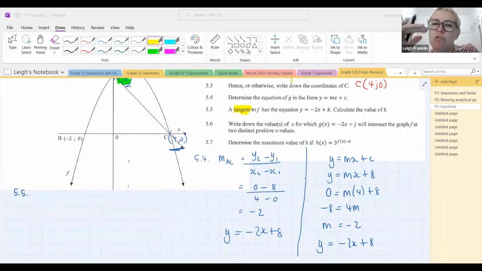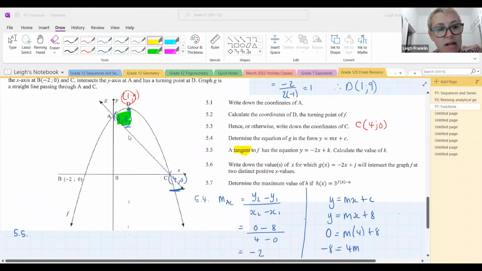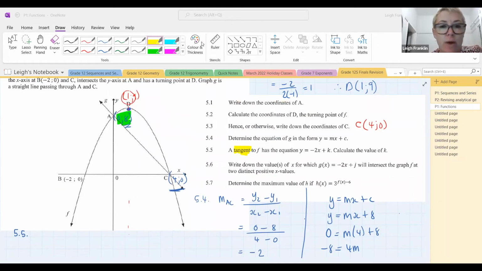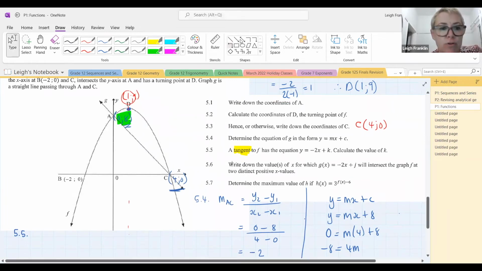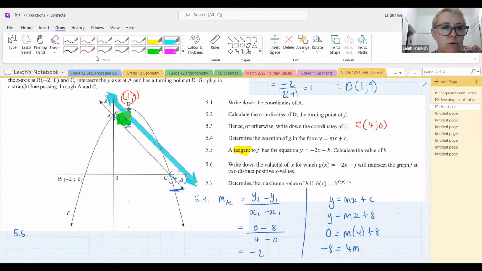But this line is not horizontal, it's diagonal, because it has a gradient of -2. So in fact, it looks very similar to this line over here. It has the same gradient, right? So if I draw it onto my function over here, it would look something like that.